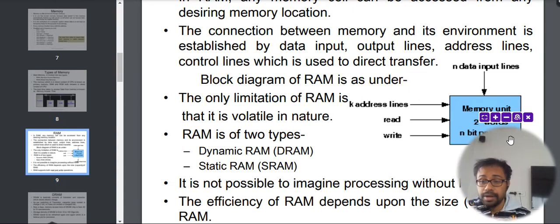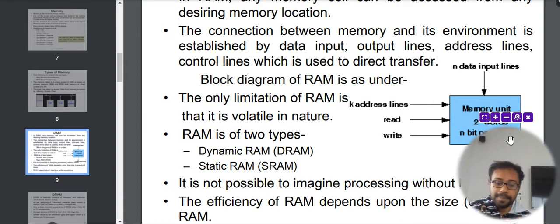Imagine, I will just tell you that 1 GB is equal to 2 to the power 48 bytes. So 2 to the power 48 input lines you will get. So you can imagine the data is quite huge.